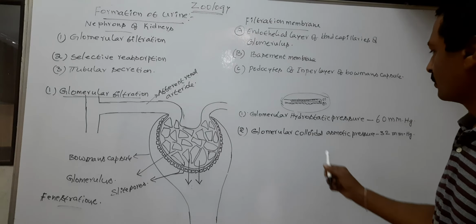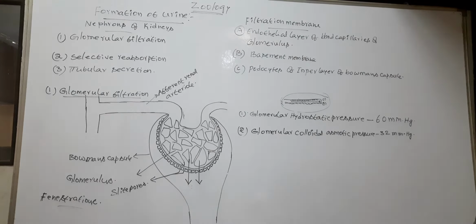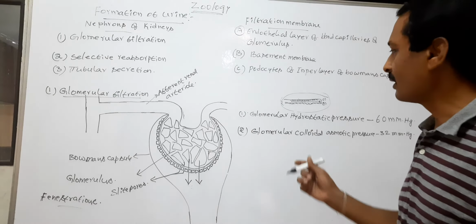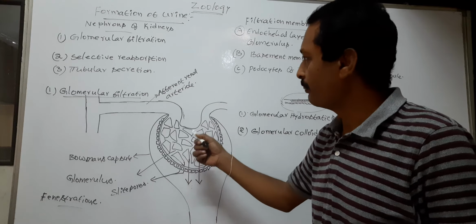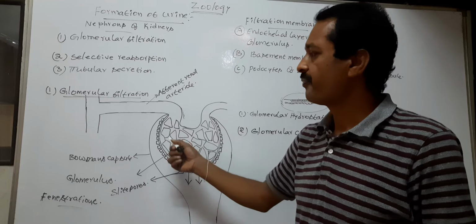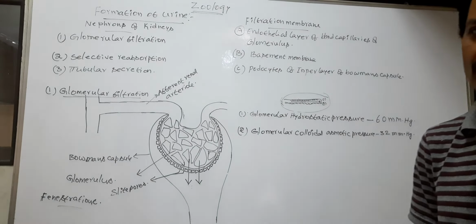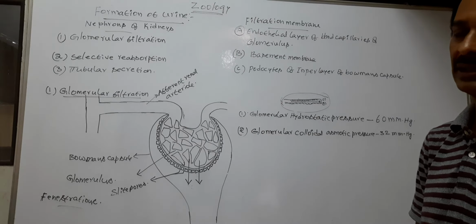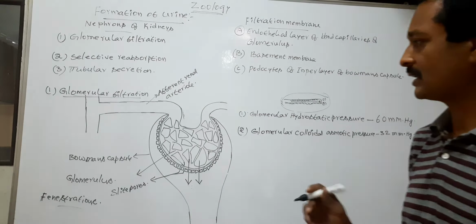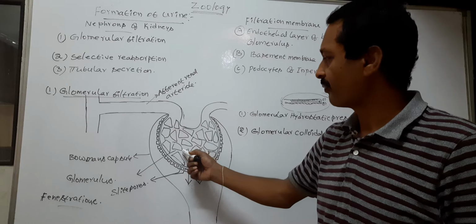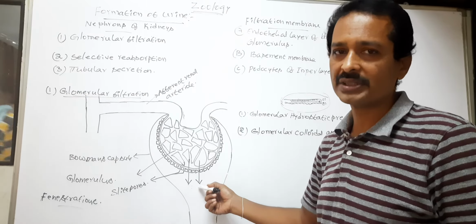So, the glomerular colloidal osmotic pressure is generated by non-filtered plasma proteins of blood capillaries of glomerulus. Here, large sized plasma proteins do not filter from glomerulus into lumen of the Bowman's capsule.